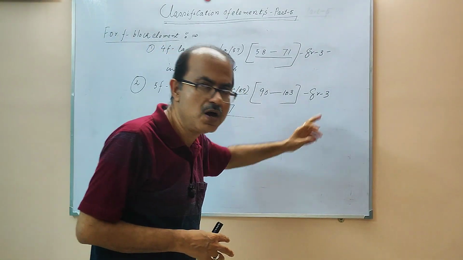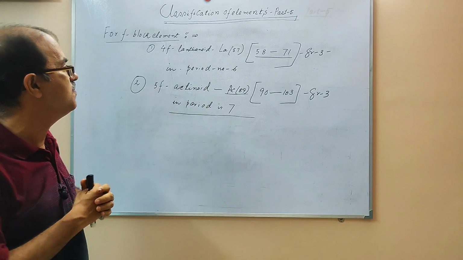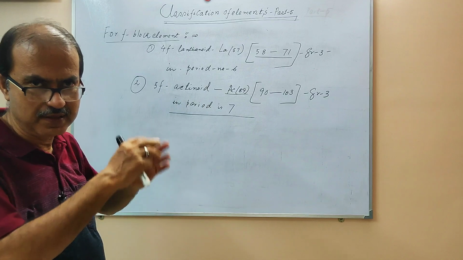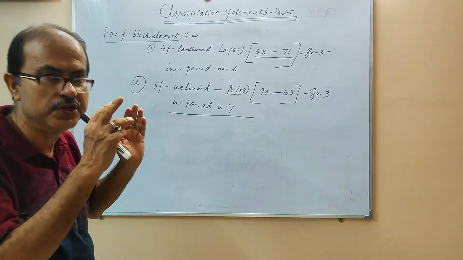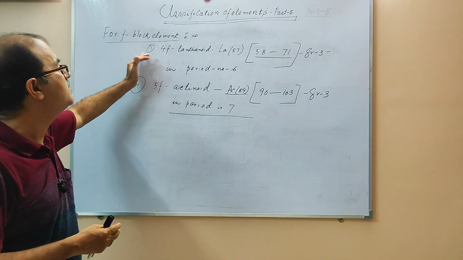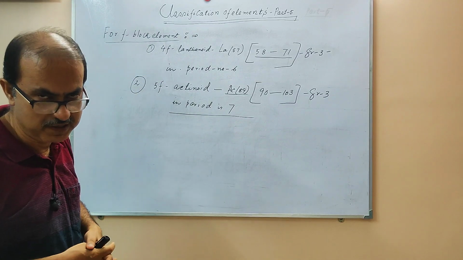This is in group 3 in period number 7. But both these series are not in the main body of the periodic table. They are placed at the bottom of the periodic table, like this. This is for the f block element.